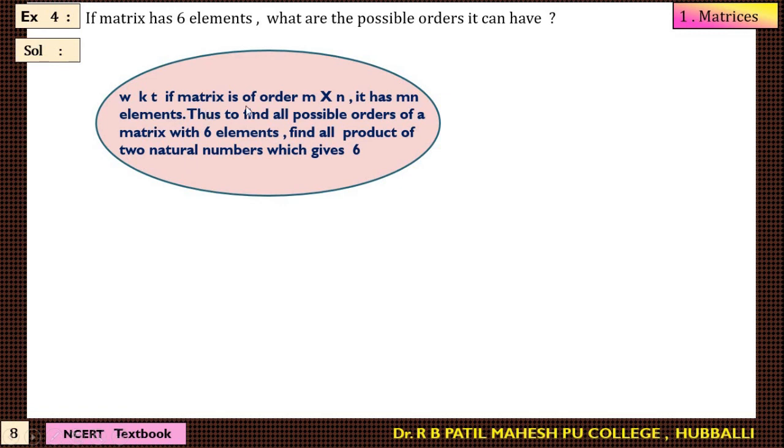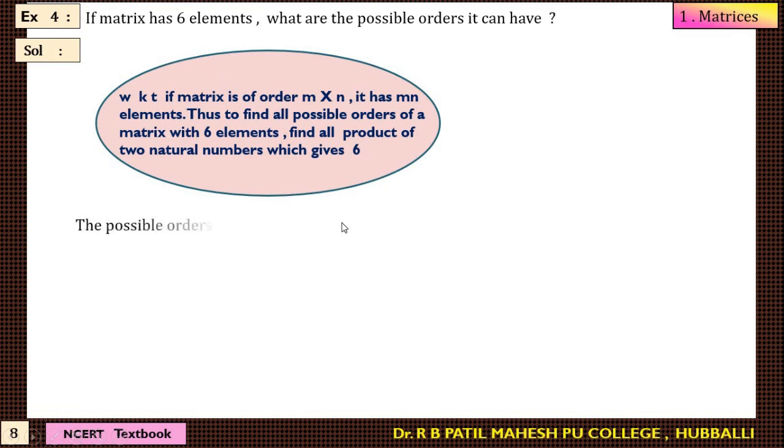We know that if a matrix is of order m cross n, it has mn elements. That means the number of elements is obtained when you multiply the order of the matrix. Thus, to find all the possible orders of a matrix with 6 elements, find all the products of two natural numbers which give the value 6.